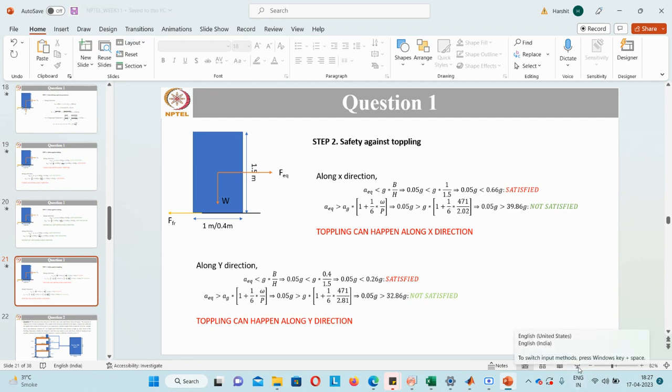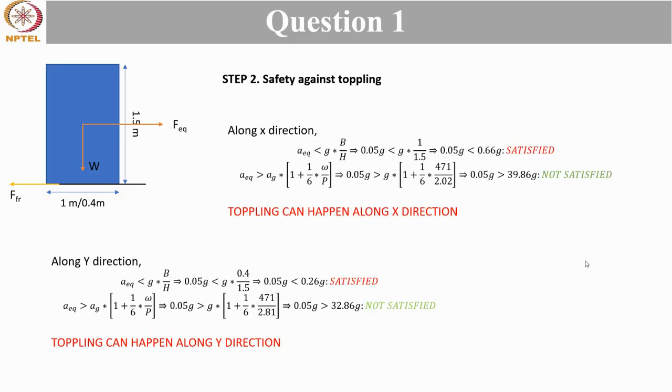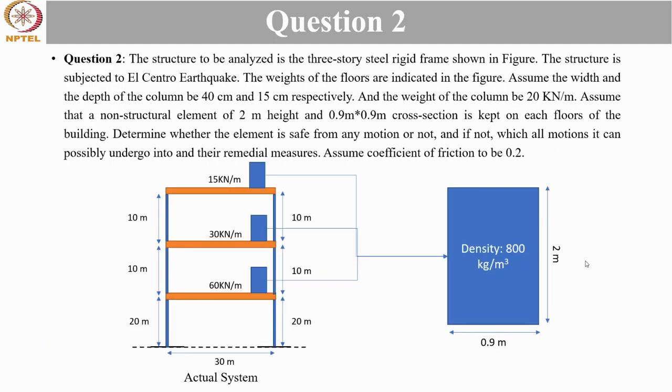So this is how we comment on sliding, rocking, and toppling along x and y for a non-structural element along its base. Now we know how to prevent them, so accordingly we can comment on the safety of the elements. So this was all about question 1.